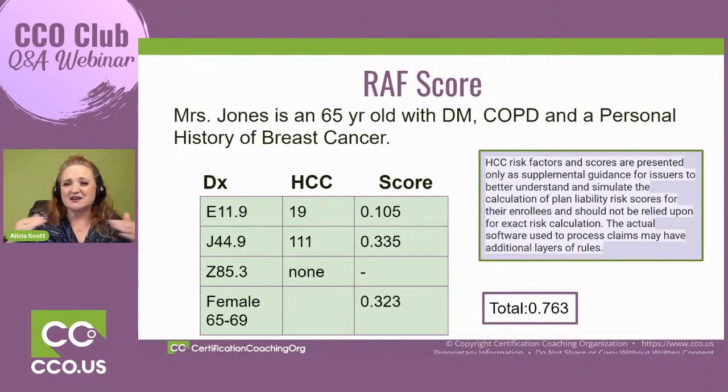So there are some other things that could be in there that if you don't get the information into the tool exactly, or for whatever reason, if Medicare were to take Mrs. Jones as an actual person, then it might not be 0.763. It might be 0.842 or something like that. So again, you take this with a grain of salt. This is a general idea. It's not 100%. It's true. I have providers ask me, they say, I have a RAF score on a patient that is a specific number, but then when I get the information back from Medicare, it's different.